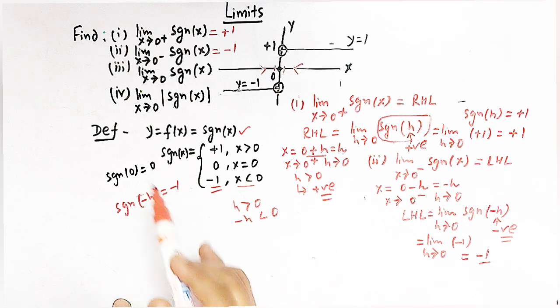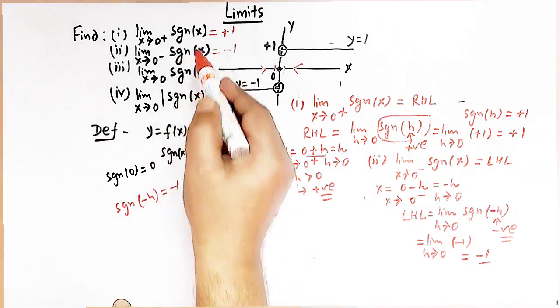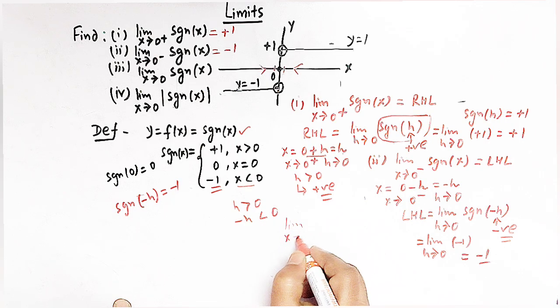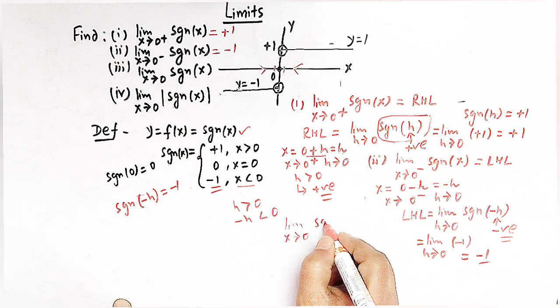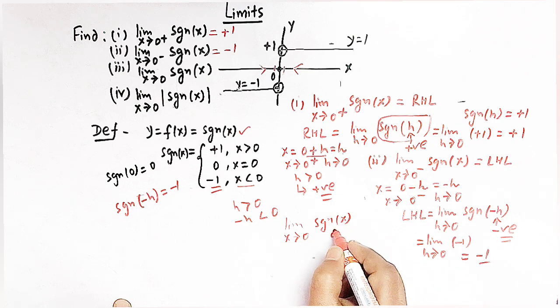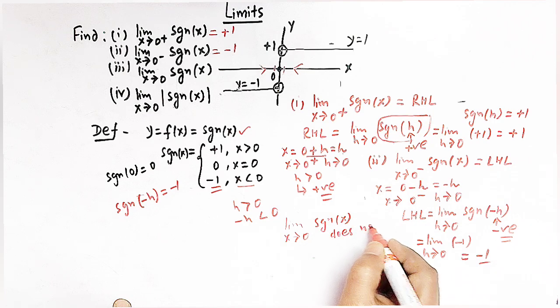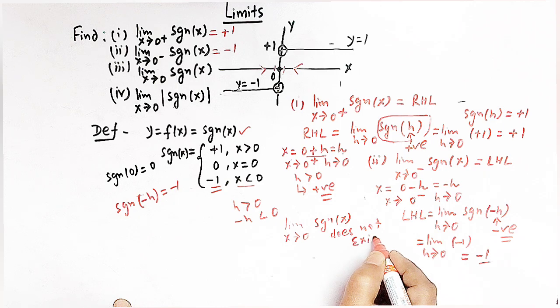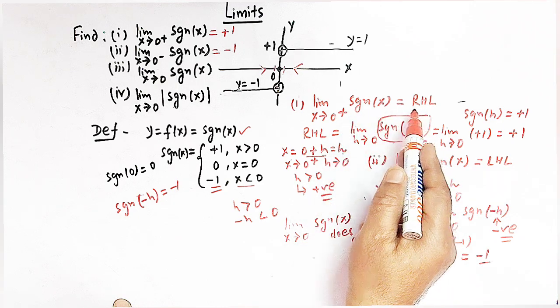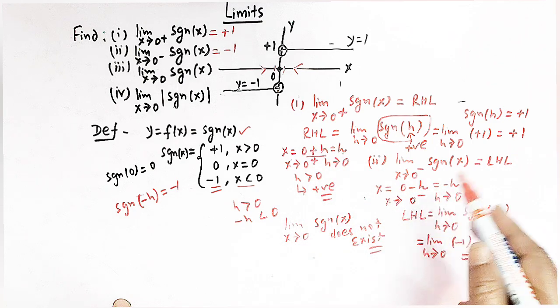So now from these two limits, we come to the conclusion that the limit of the function, that is signum of x, does not exist, right? It does not exist because when x approaches 0, then the right hand limit and the left hand limit are different.